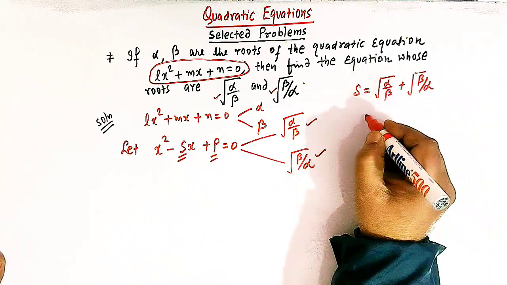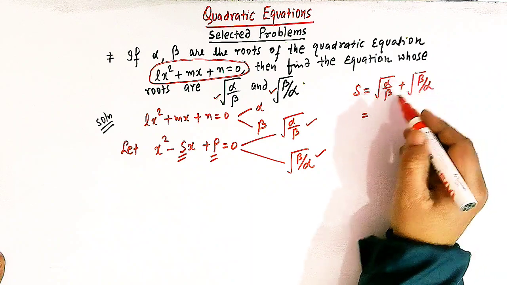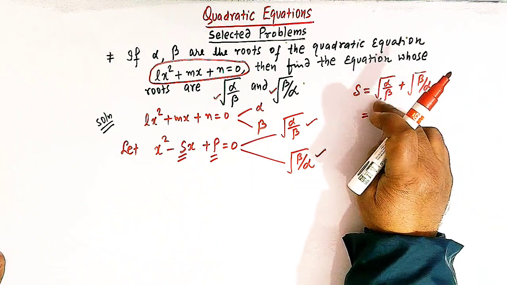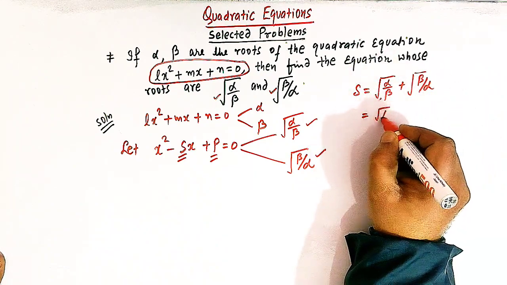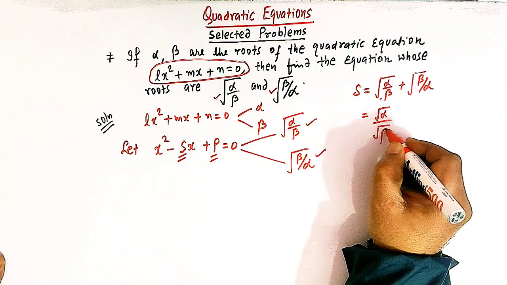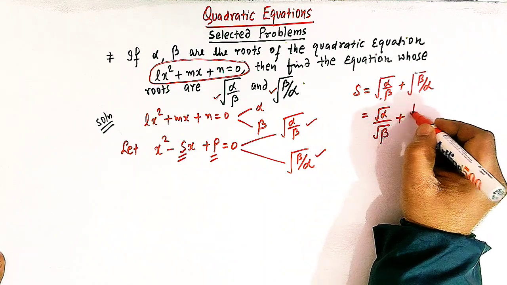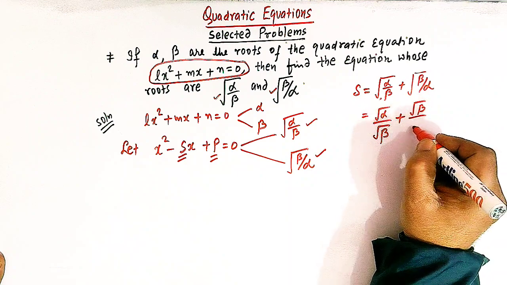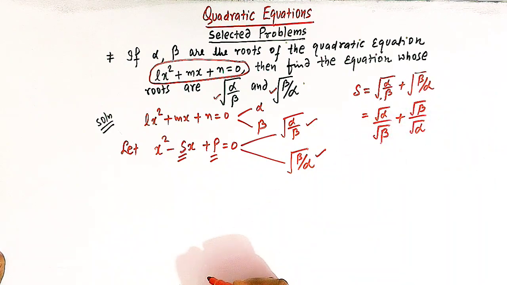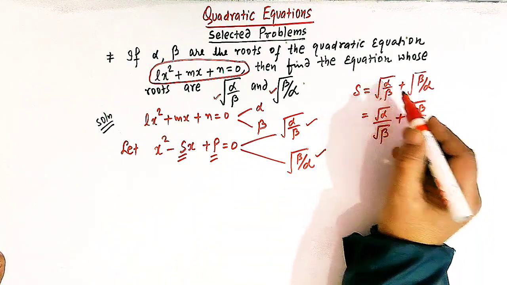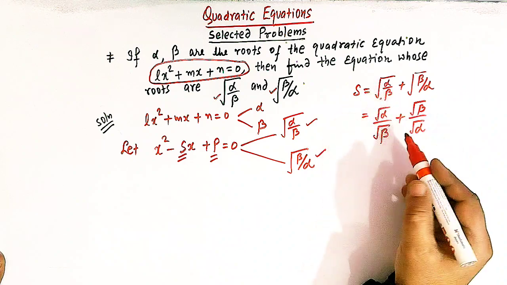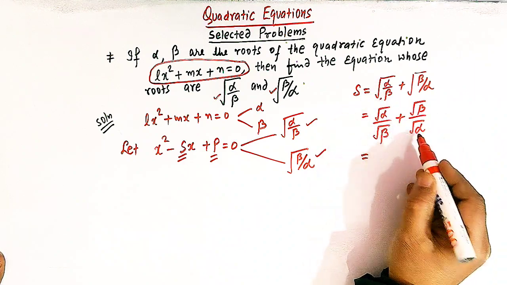So let us simplify this term. We have square root of alpha over square root of beta, plus square root of beta over square root of alpha. Separating the square root sign, now we can take the LCM.